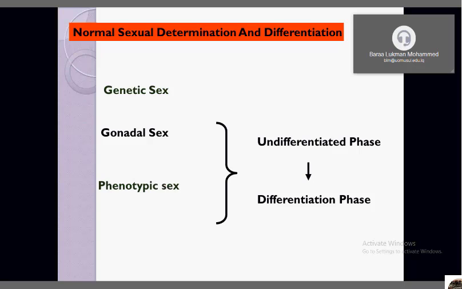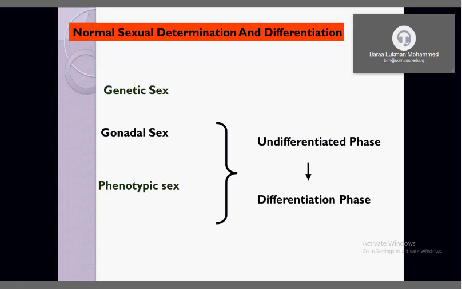So the sexual differentiation or determination of an individual is determined by 3 types of sex: the genetic sex, which is determined at fertilization as XX or XY; the gonadal sex, which is represented later on by the ovary or testis; and the phenotypic sex, which involves both the internal and external genital organs.